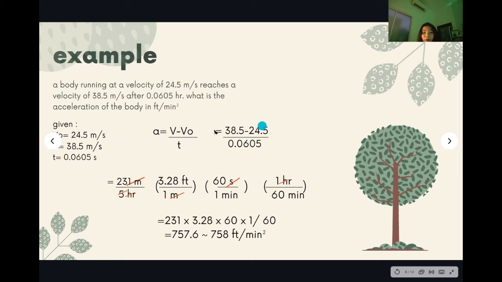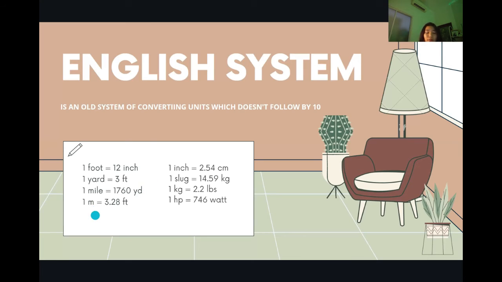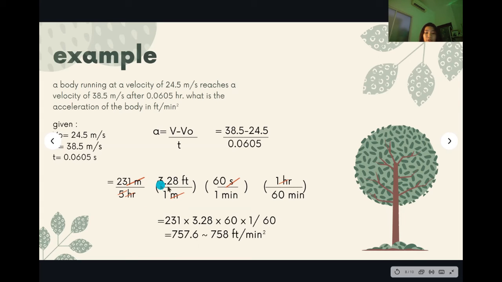The final answer of the acceleration will be 231 meter over 5 hours. Now we need to cancel out m and hours because we need to find it in foot over minute. So to cancel out m, we use 1 meter equals 3.28 feet. So we write it as 3.28 feet over 1 meter. So we can cancel out meters.